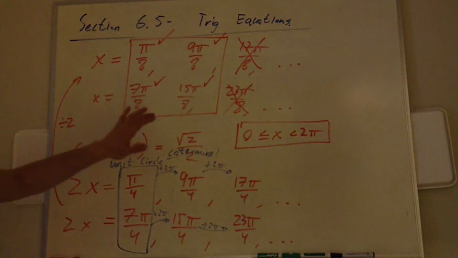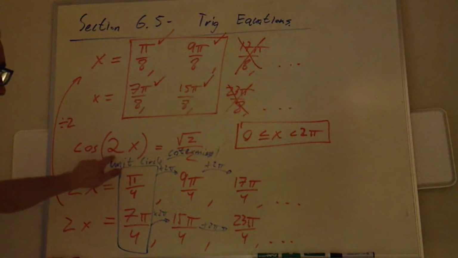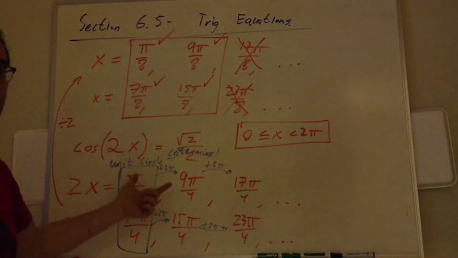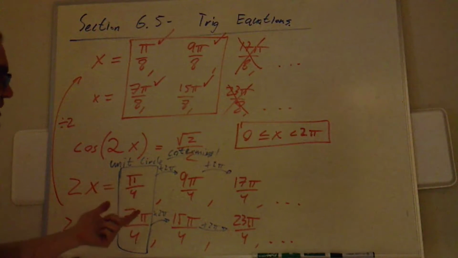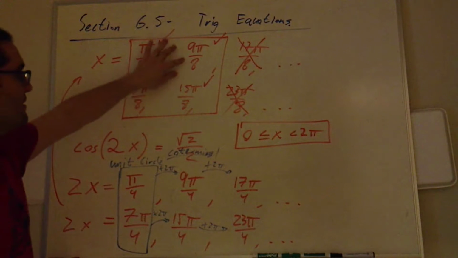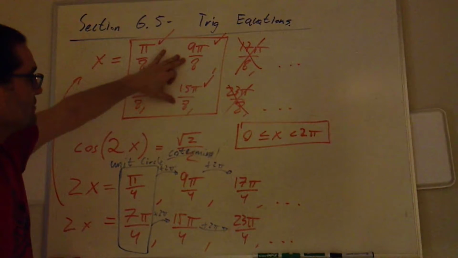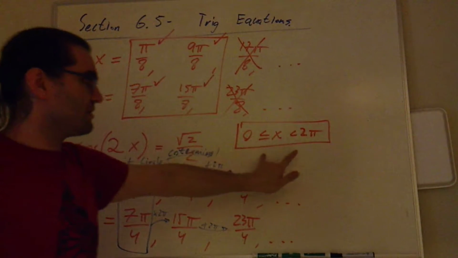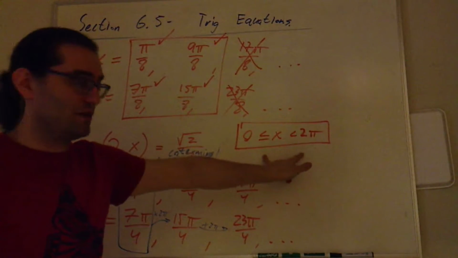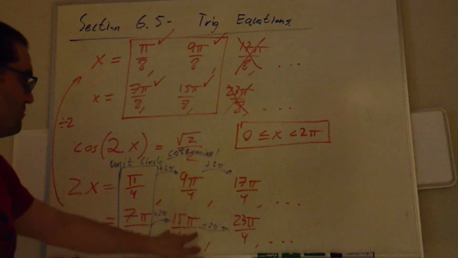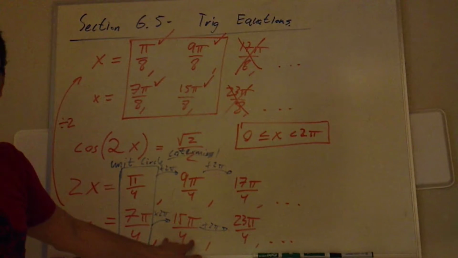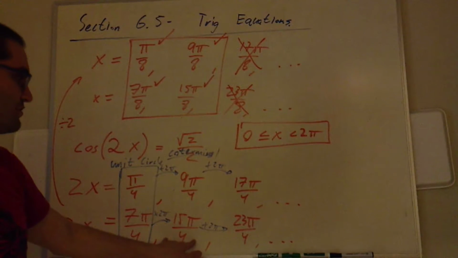I said that this process, once you start doing things here, would be something of an ordeal. It was going to get more complex. The complexity is these solutions, 9 pi over 8 and 15 pi over 8, are in the correct range, even though the angles that they came from are not. And that's sort of the tricky part.